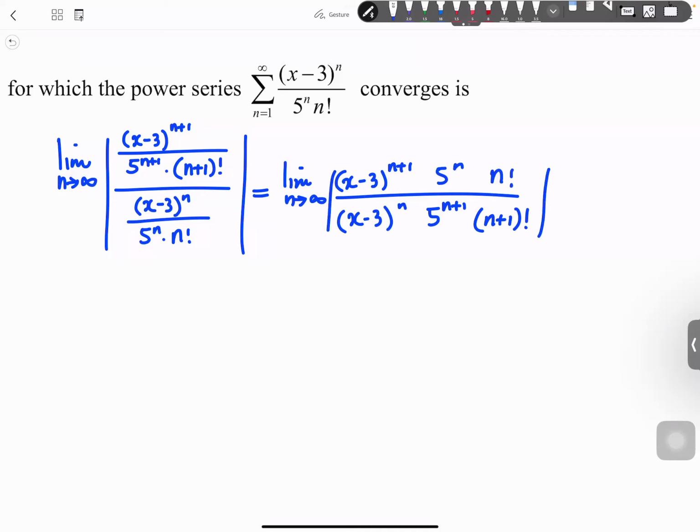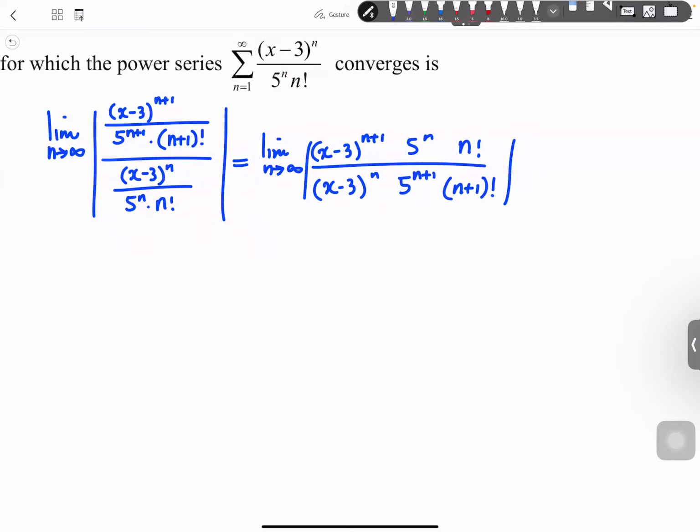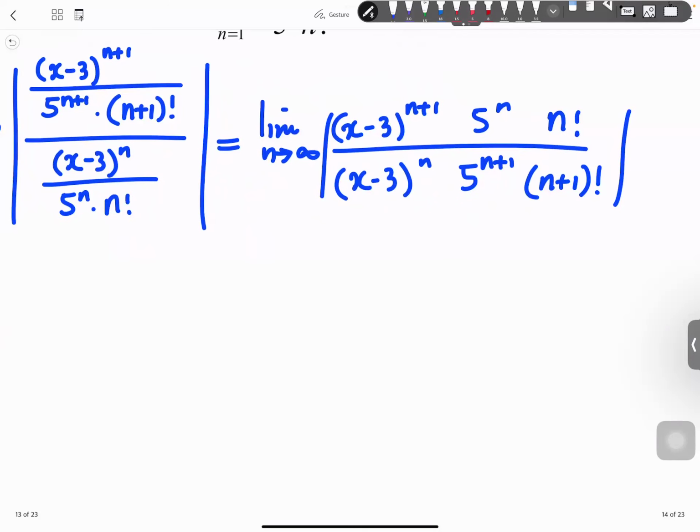This is still absolute value. All right, what cancels out here? The x minus 3 terms, there's one more in the top than in the bottom, so this is going to cancel. With the 5s, there's one more in the bottom than in the top, so this is going to cancel. And then what happens to n factorial over (n plus 1) factorial? There's just an n plus 1 on the bottom.